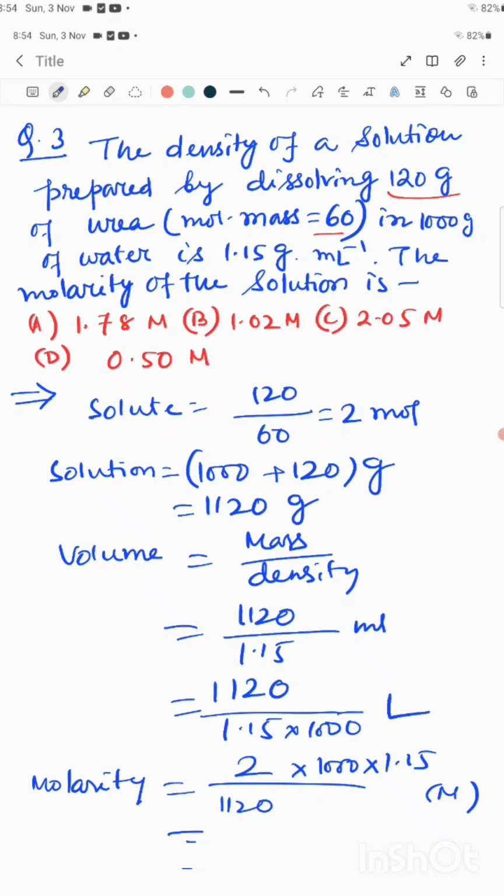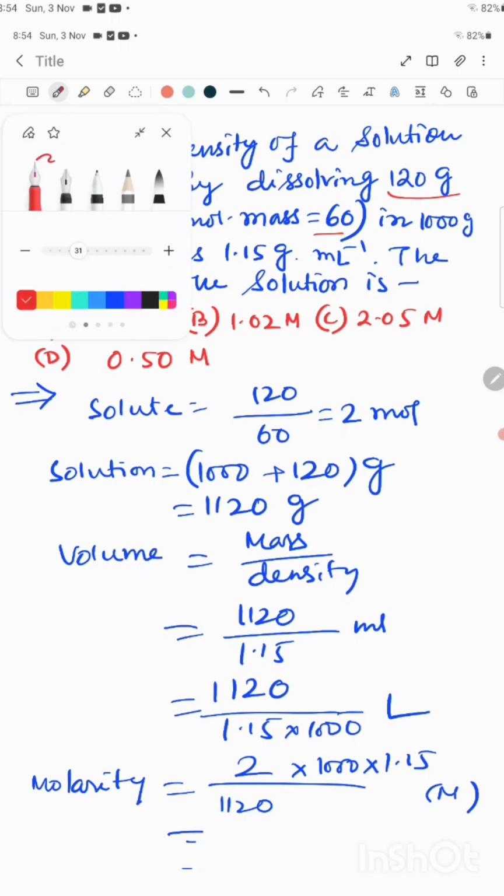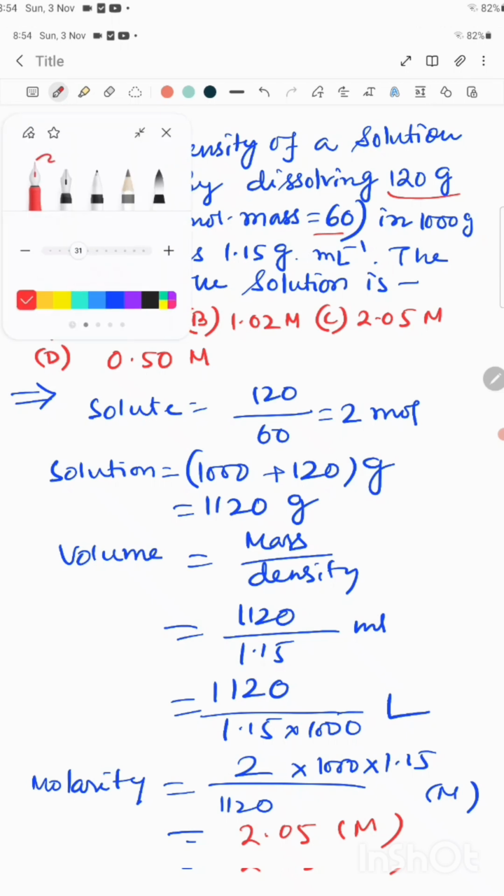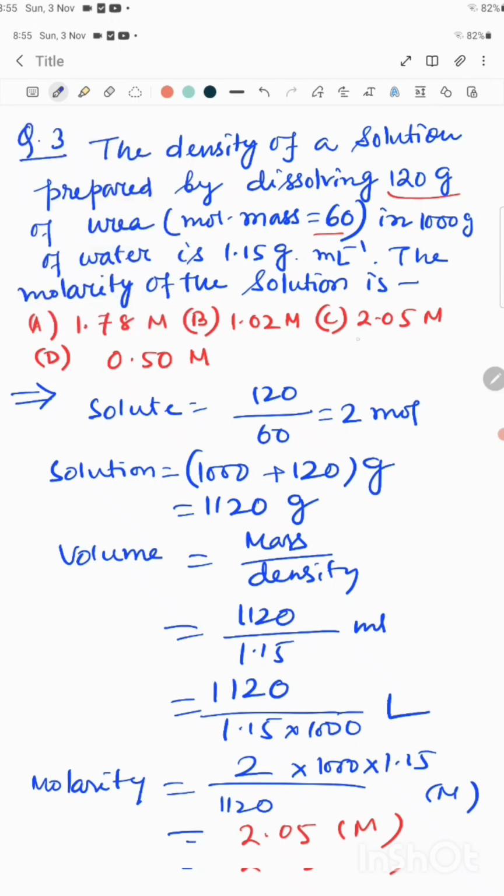Ultimately we get the value 2.05. So which is the correct option here? This is the correct option, that is option C, 2.05 molar.